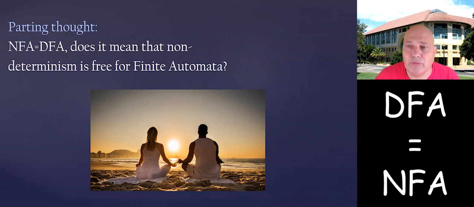If you have one with 50 states, then it is already 2 to the 50. So it's not for free, but it does tell us that constant memory computations are very robust. Different definitions give us the same family of languages.